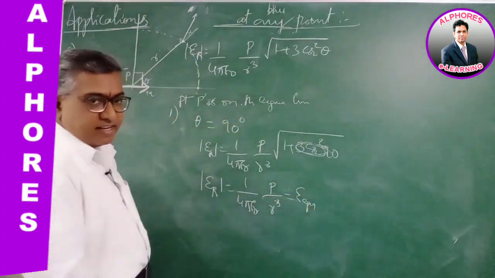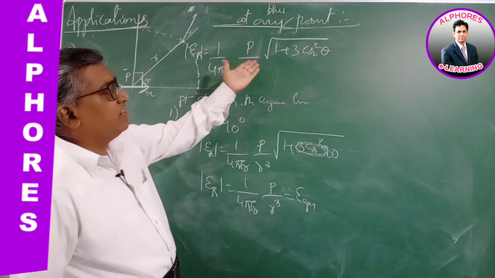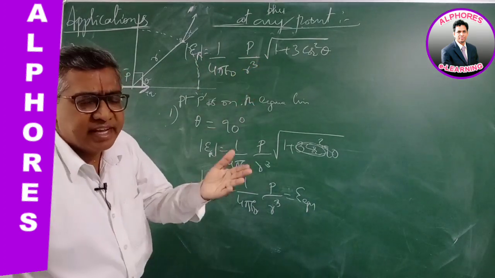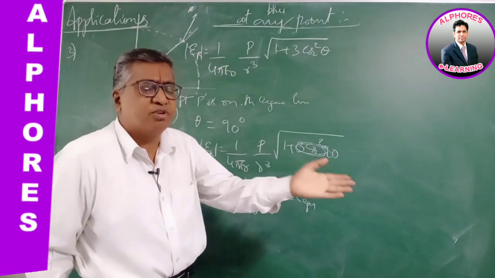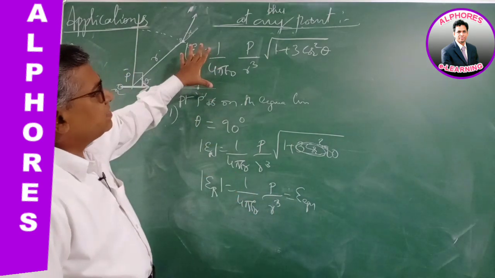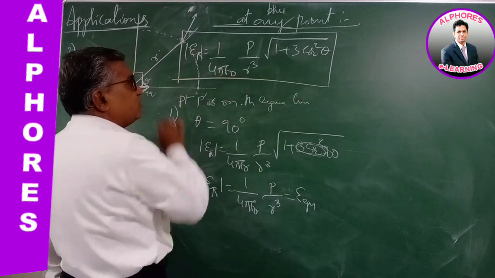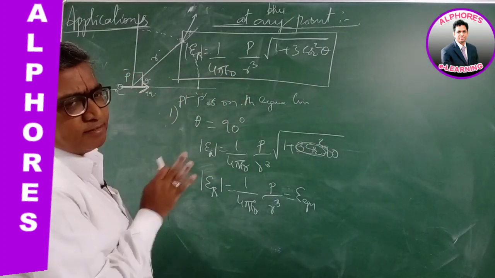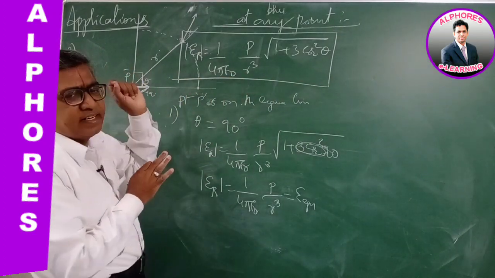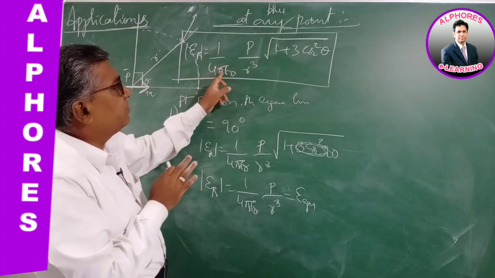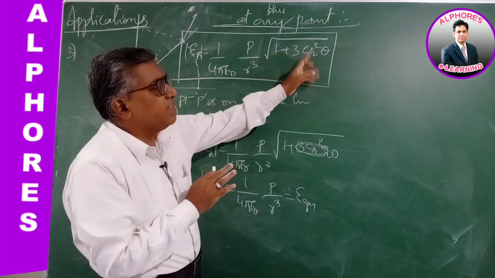We have evaluated this earlier. It is a general formula. You need not take axial line and equatorial line separately, and you need not remember them separately. Just remember the single formula: the electric field intensity due to a short electric dipole at any arbitrary point is 1 by 4 pi epsilon naught, P by r cube, root 1 plus 3 cos square theta.